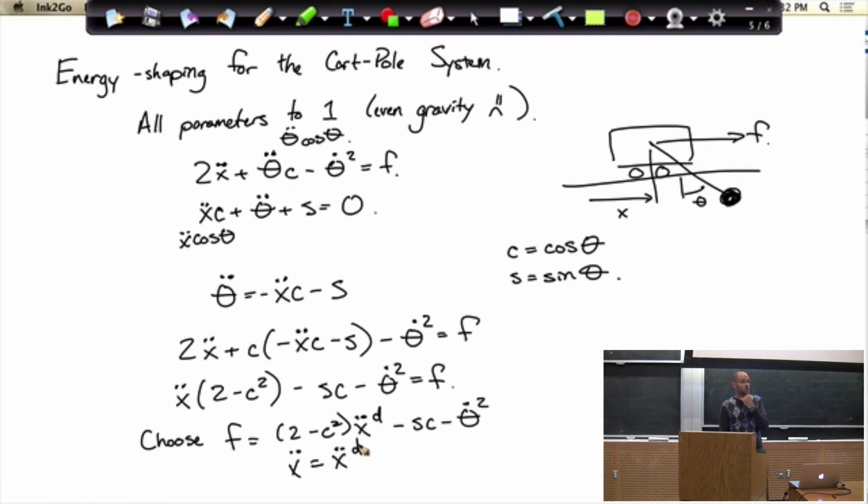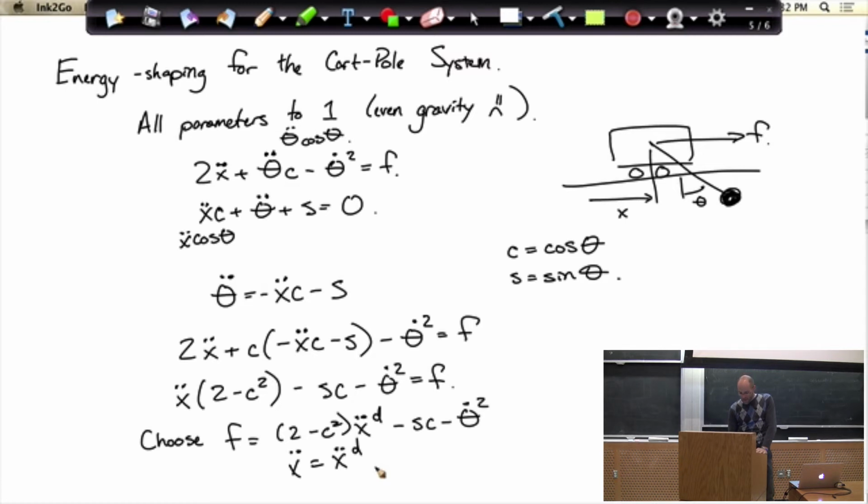I can make that claim because 2 minus c squared is never 0, right? Because cosine squared is always going to be less than 1. So I can cancel those out on both sides and say that x double dot is actually going to behave like x double dot desired.